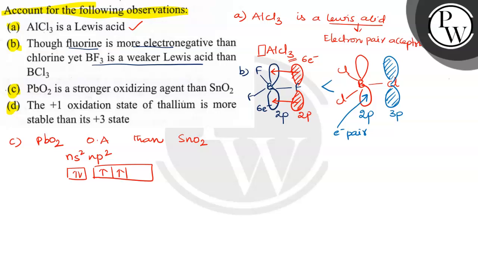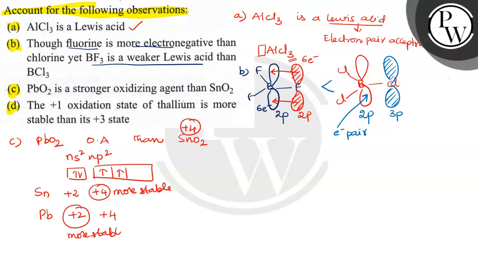The +2 oxidation stability increases and +4 oxidation stability decreases. Sn shows +2 and +4, but Sn +4 is more stable. So here in SnO2, Sn is having +4 oxidation state, which is already stable. Whereas Pb shows 2 oxidation states, Pb +2 and Pb +4, but Pb +2 is more stable.